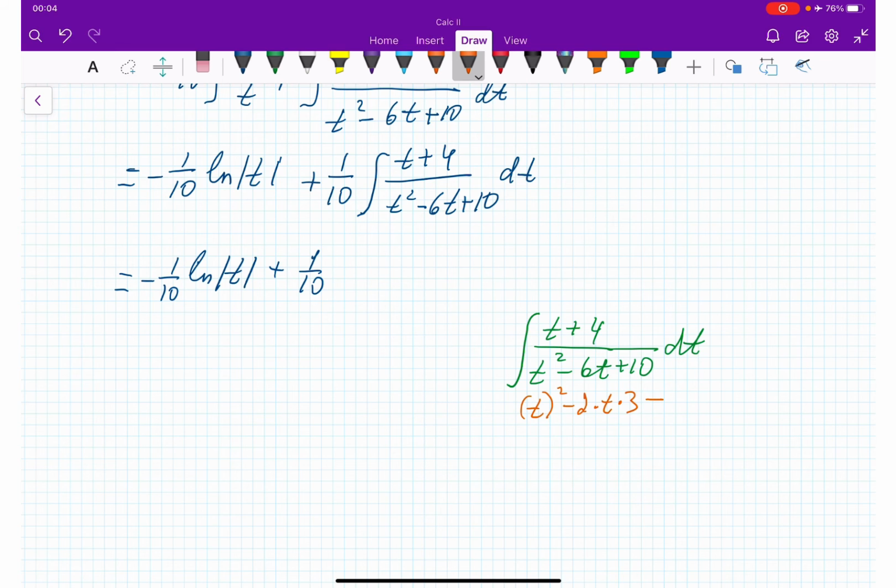And plus 3 squared, which is going to be 9, right? So we'll be left with 1 plus 1. And we will get here t plus 4, and underneath I will have t minus 3 squared plus 1 dt. Okay? All right.